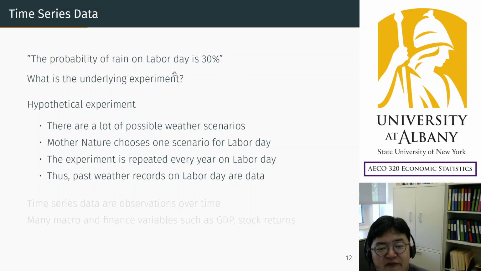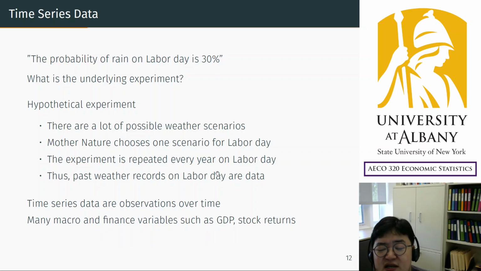Because we have to define probability here, it is natural to think about an experiment. If you have agreed with what I have explained up to this point, then you have to follow this, right? If you agree with this experiment, then our observations from the past are data. That's simple, right? Then we can apply the same structure of probability to this data. This is time series data.